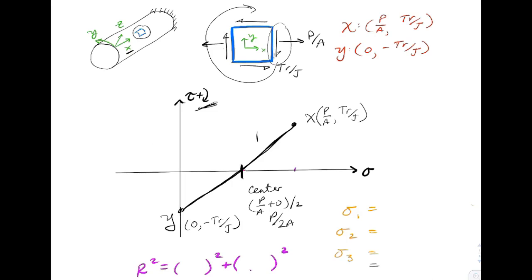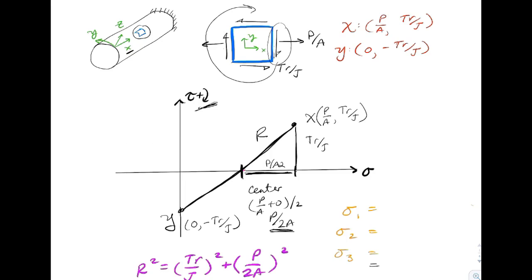We need the radius R of this circle. So we need this length. And that length is going to be TR over J in this direction. We go from P over 2A to P over A, so that has a length of P over 2A. So we can fill in the Pythagorean theorem.